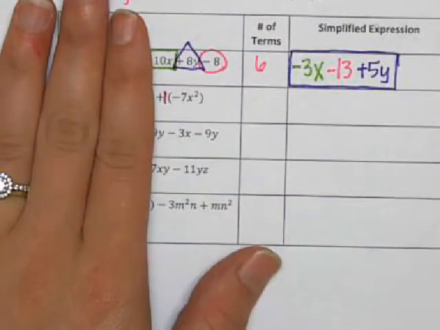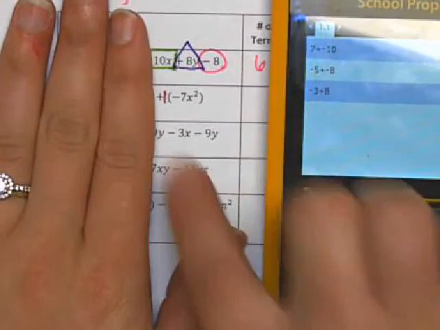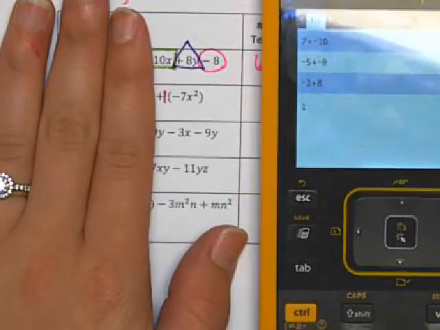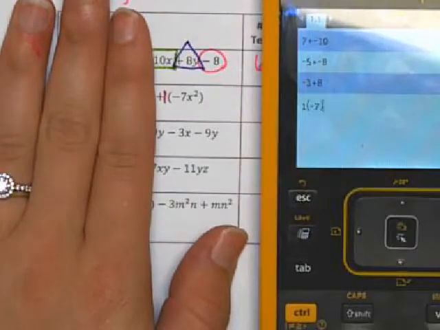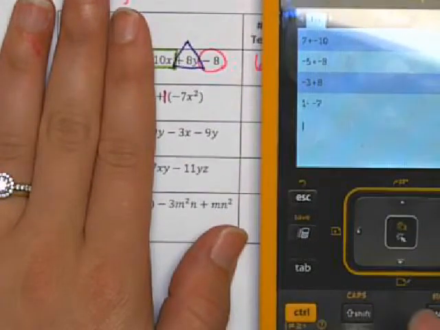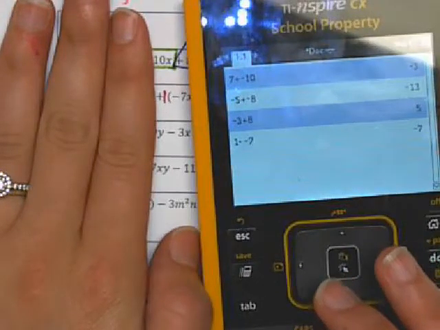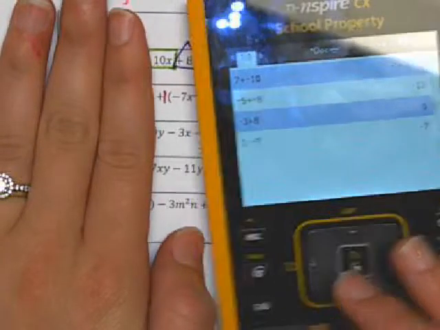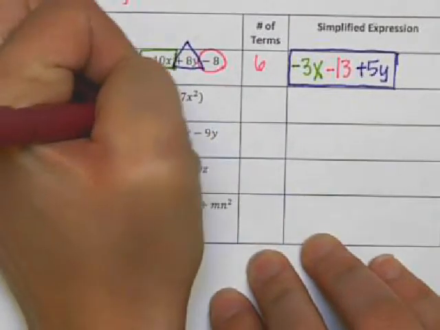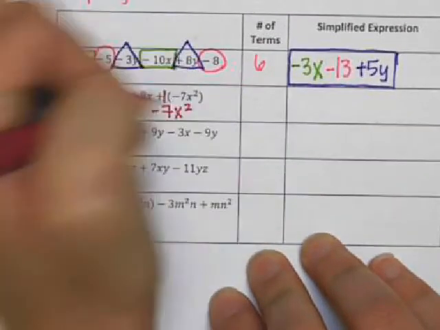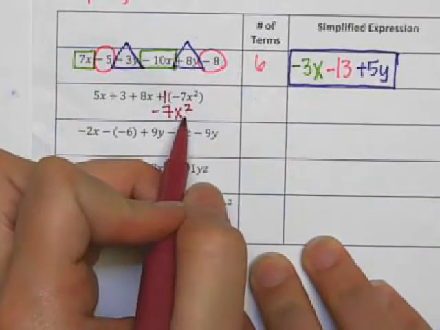Okay? So if I was to multiply, this is a positive 1, so positive 1 times negative 7, which gives me negative 7. Okay? So then I'm going to write right underneath it negative 7 x squared. I brought down the x squared.